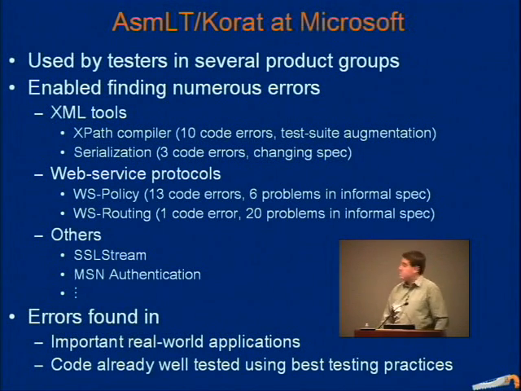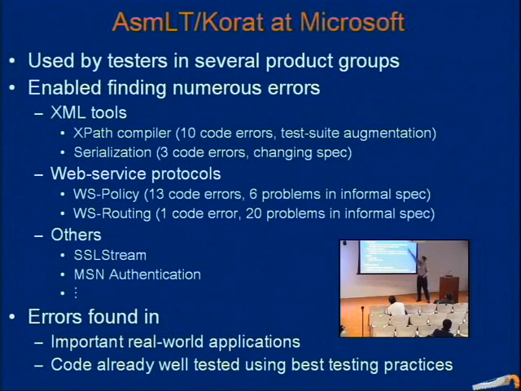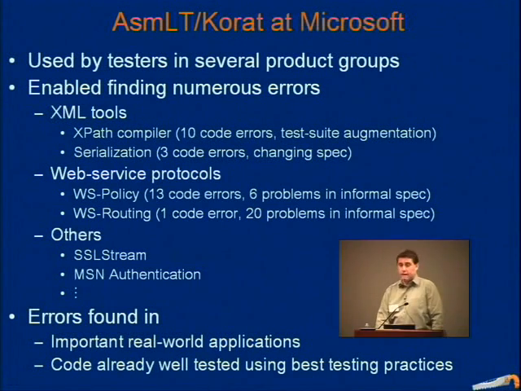In this case, they used the tool just to augment that test suite, and found a number of coding errors that they did not expect to be there, because they had already done the best job they could manually, and even some random things, randomly generating XML documents and so on. The problem with random generation is that you don't have much control over what to generate and where, whereas using tools like this, you can have a more focused generation.